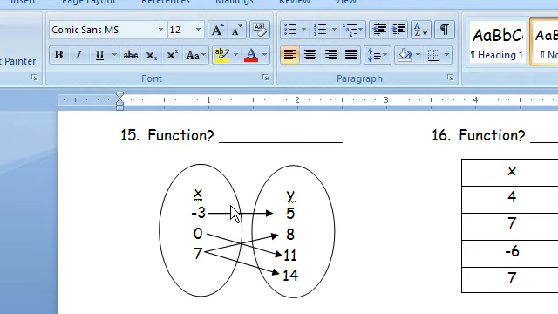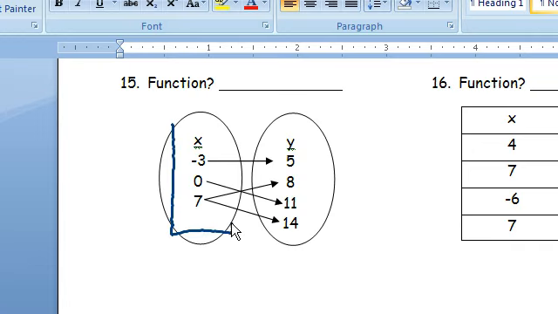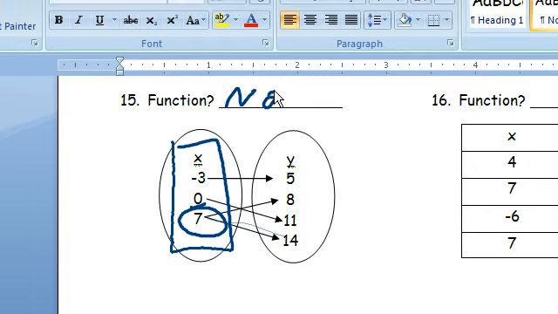Well, do any of the domain values repeat? 3 is paired with 5, 0 is paired with 11, 7 is paired with 8, and 7 is also paired with 14. Red alert! 7 is paired with two numbers. The domain repeats. It's not a function. Okay, crisis averted.